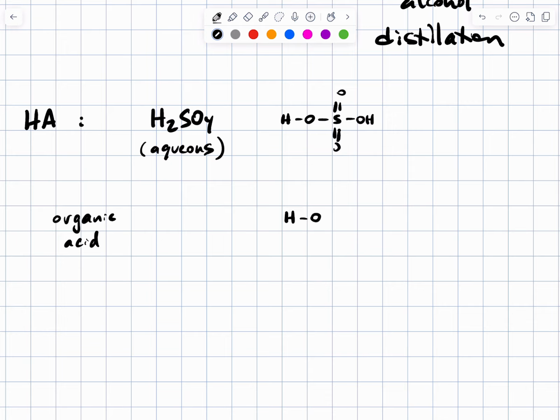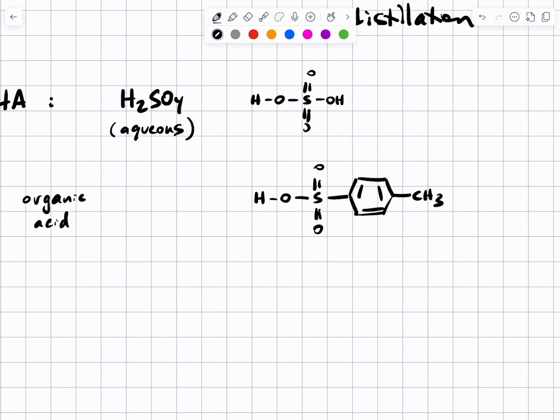So turns out you can do this. You take the acid structure of H2SO4 and then you put it on a benzene ring with a methyl group. This is called para-toluene sulfonic acid. But because that is so long to write and say, we abbreviate toluene and sulfonic with TS.